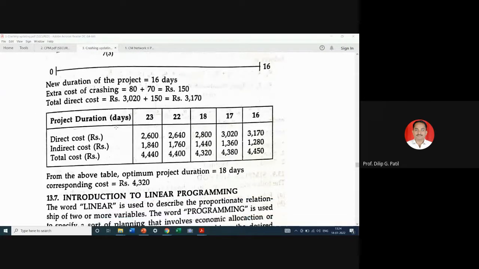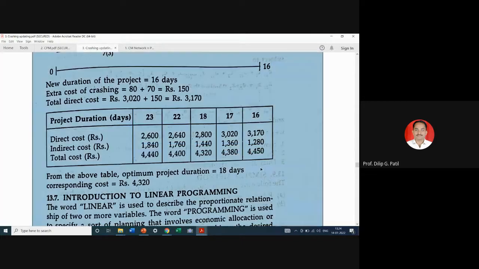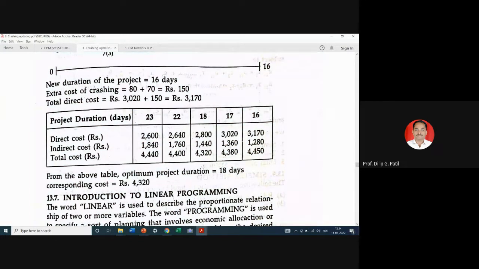After crashing, we have to summarize the direct cost, increasing the direct cost. Then again, decreasing the indirect cost, and then we have to do addition of direct and indirect cost, and out of that we have to select the least cost, that is 4,320, and the respective project duration will be the optimum duration.